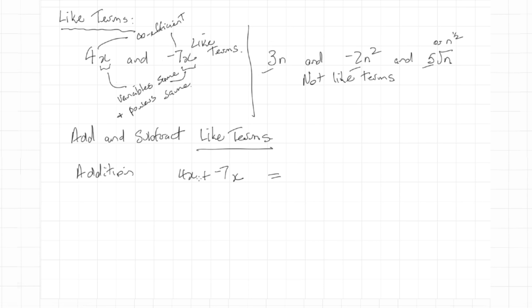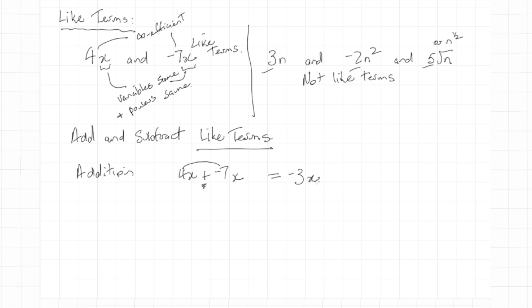Now there is a multiply understood between the 4 and the x and the 7x, but it's like you've got 4 lots of something and you take 7 lots of something. We just do the addition in this case because we're adding. For subtraction, you do the subtraction of the coefficients and just put the variable at the end. So it's 4 plus negative 7 is negative 3.